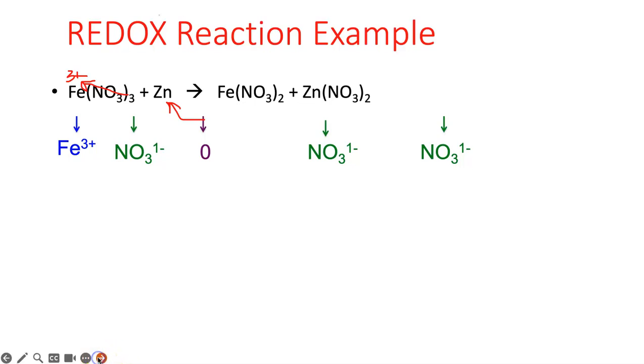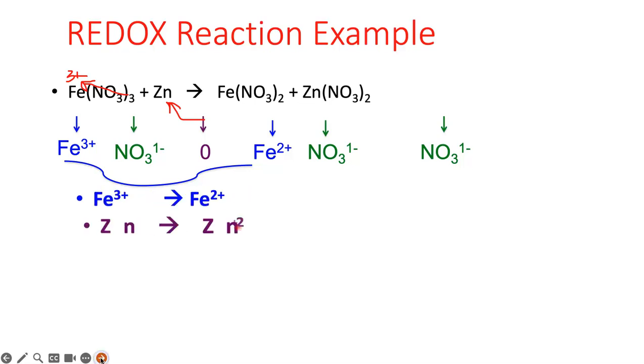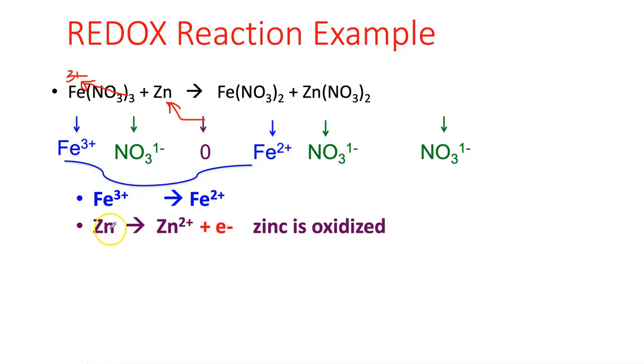Of course, nitrate is going to be still that -1. There's iron, that's a 2+. And so what has happened to the charge of my iron? It has been reduced. So we went from 3+ to 2+, so that was reduced, whereas zinc went from 0 to 2+, and so zinc was oxidized.